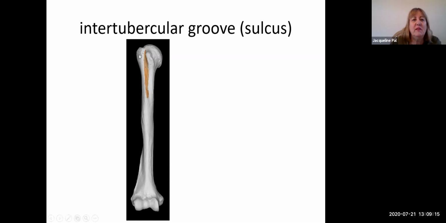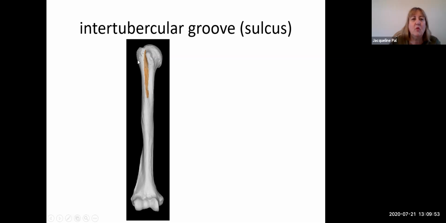The groove between the greater tubercle and the lesser tubercle is called intertubercular, because inter means between. Tubercle is the noun, tubercular is the adjective. So the intertubercular groove is located on the anterior portion of the proximal humerus between the greater tubercle and the lesser tubercle. And that is it for the proximal end of the humerus.